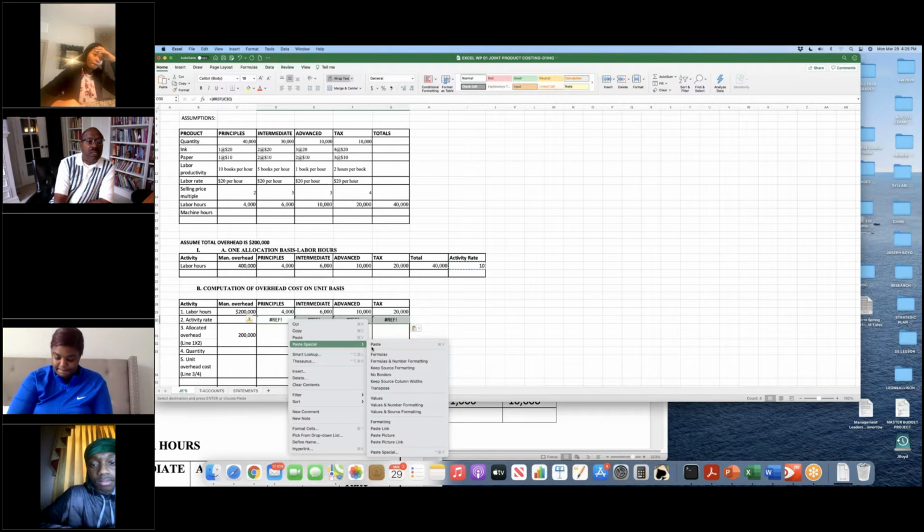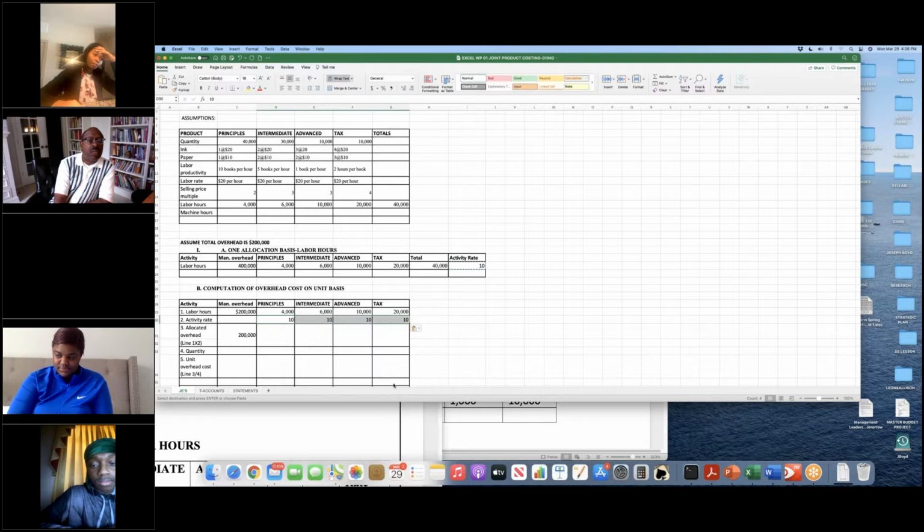So I have to go to, once again, values. Okay, so that's important. Whenever something has been calculated, it won't just put that number in there automatically. So you have to go to paste special and hit values.